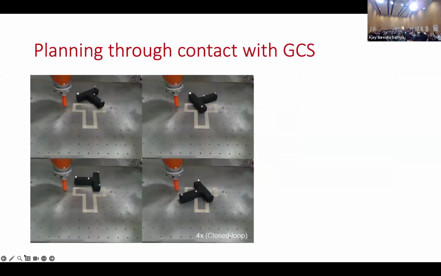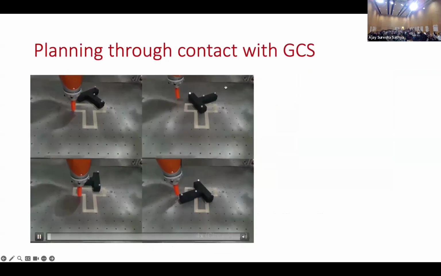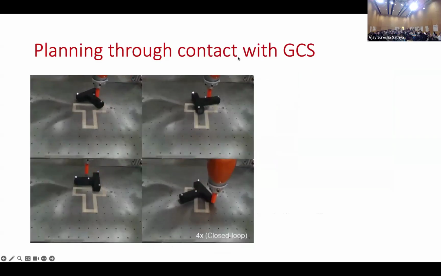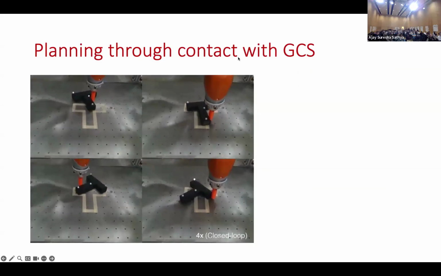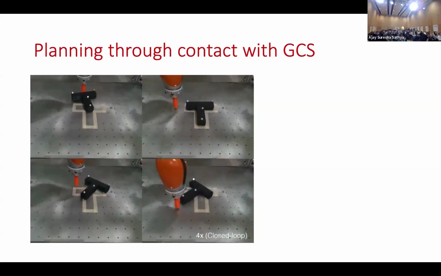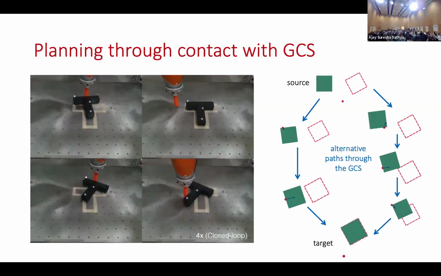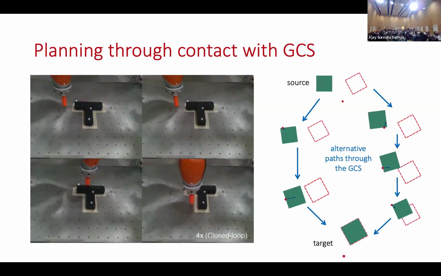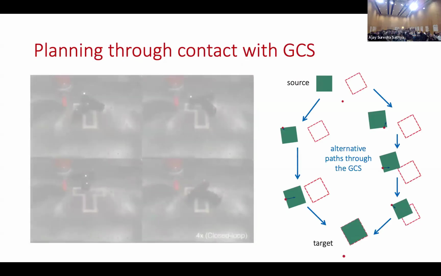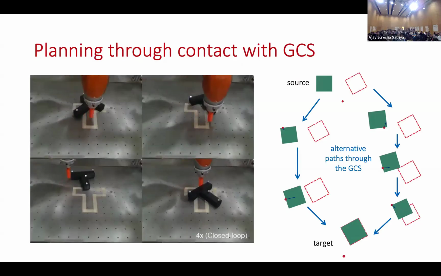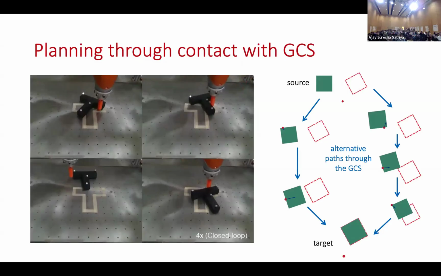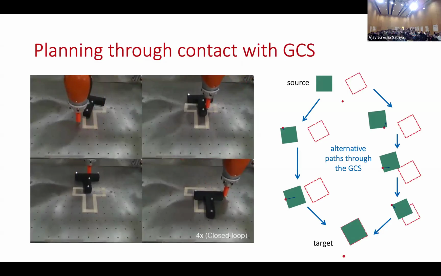Finally, we have also applied GCS, this is work by Bernard, another student in my PhD group, to non-prehensile manipulation. Here we have a standard pusher-slider system. The idea here is that different mode sequences represent different paths in your graph of convex sets. And with every vertex of the GCS, you associate the dynamics of the system in a fixed contact mode.